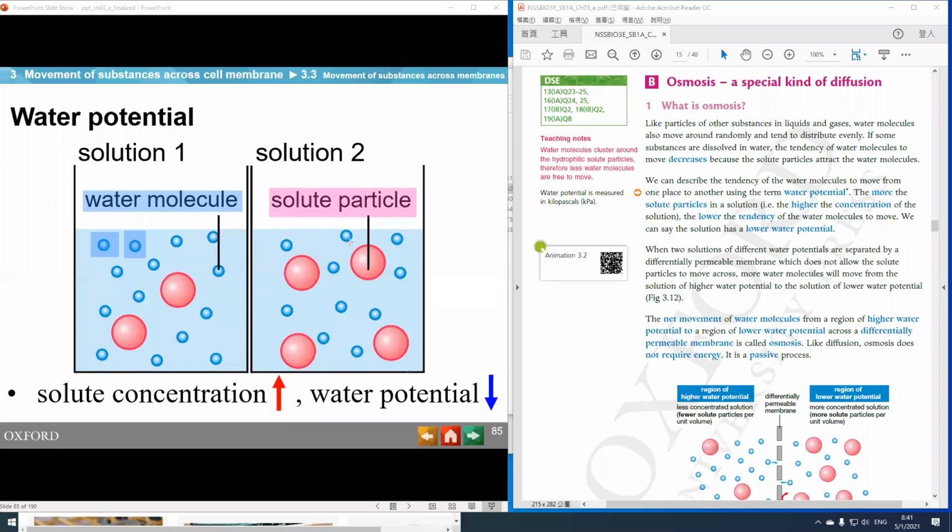Solute，溶質，即係話溶於水嘅鹽或者糖。Solute means salt or sugar dissolved in the water.